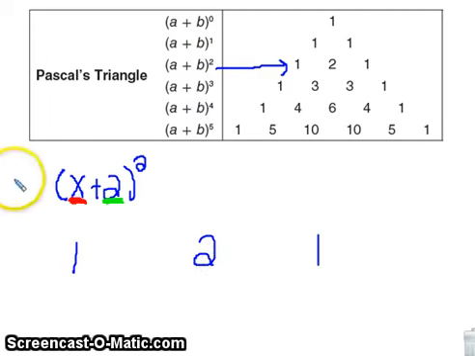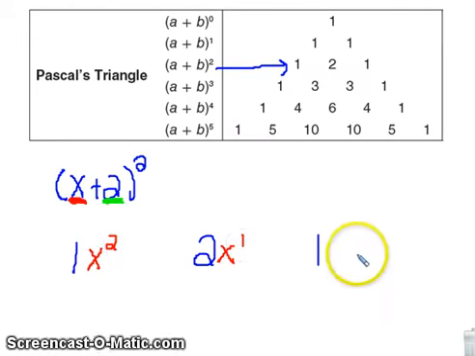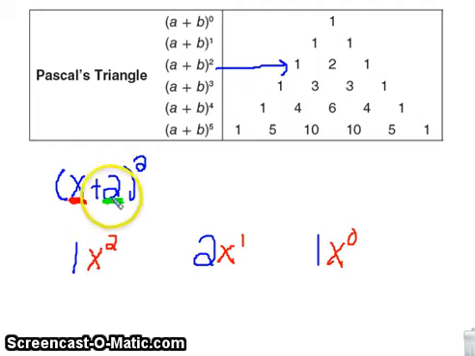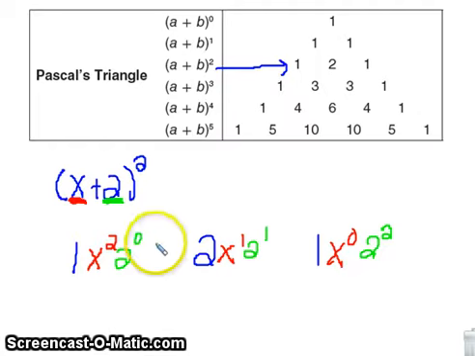We are then going to take the first term of x and we are going to start on the left with x squared, x to the first, and x to the 0. We take the 2 and start on the right, 2 squared, 2 to the first, and 2 to the 0. Anything to the 0 power is what? 1.